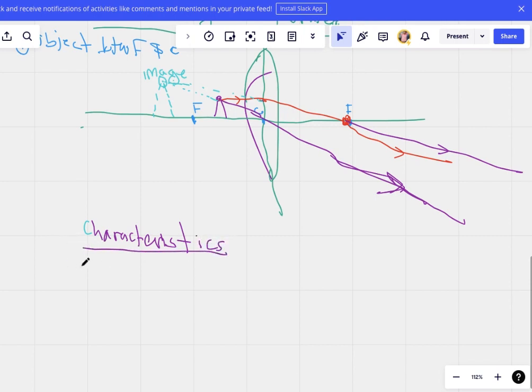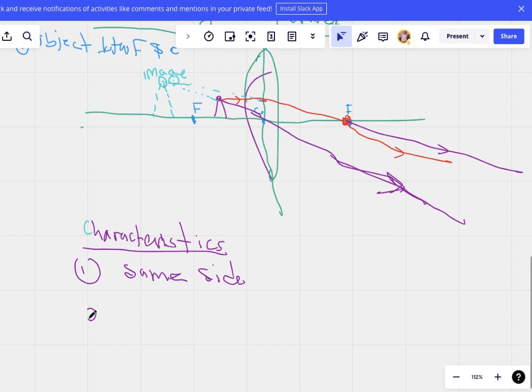Number one: same side as the object. You can see the image and the object are on the same side. Normally in a lens, the image that is formed is supposed to be on the other side. But this one is on the same side. That's property number one.